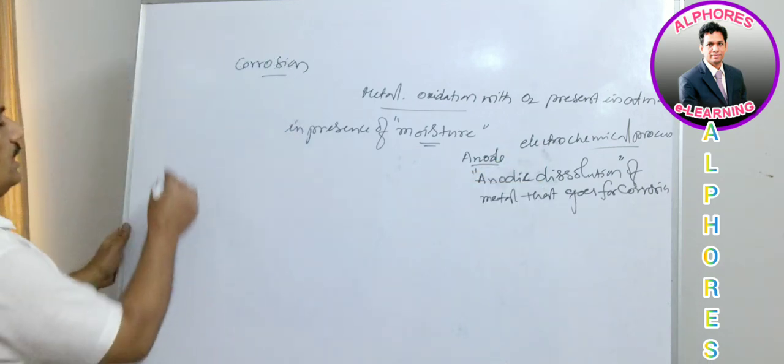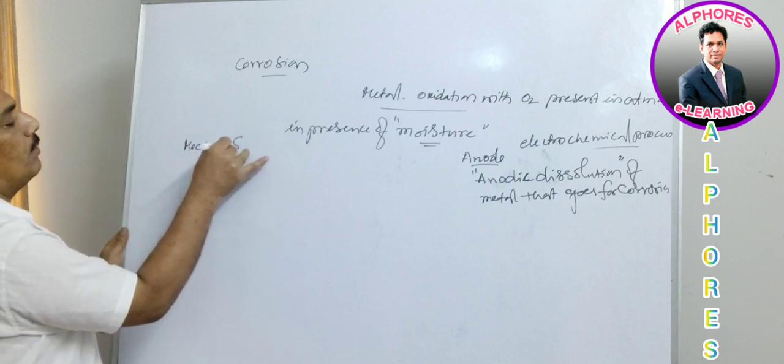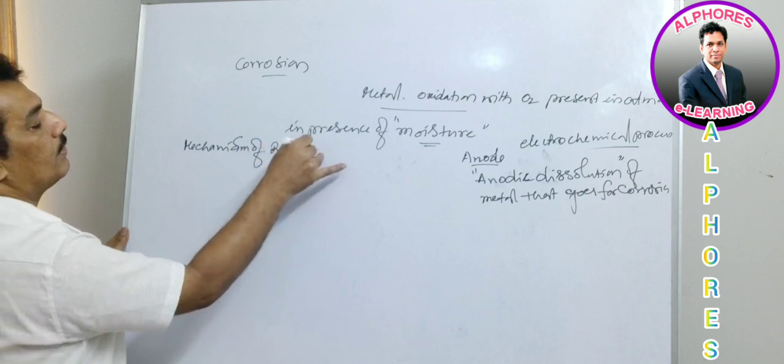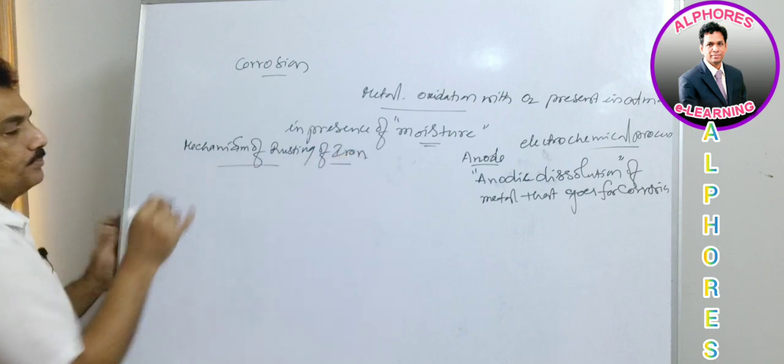Clear? And now let us consider the mechanism of rusting of iron, then we can observe what is happening.